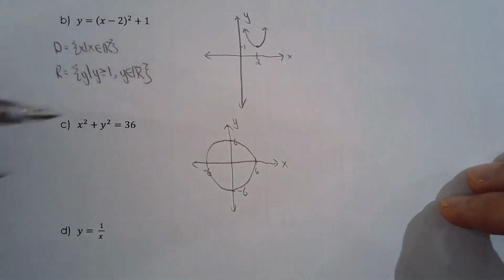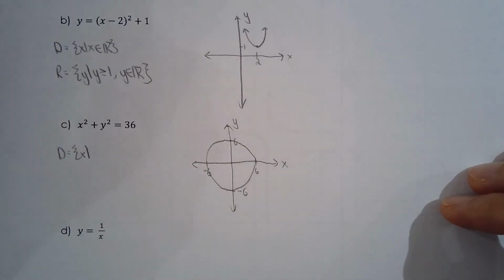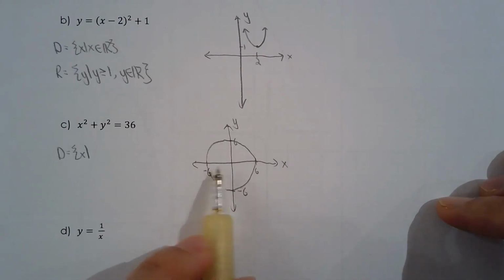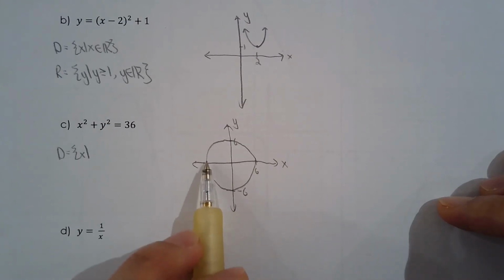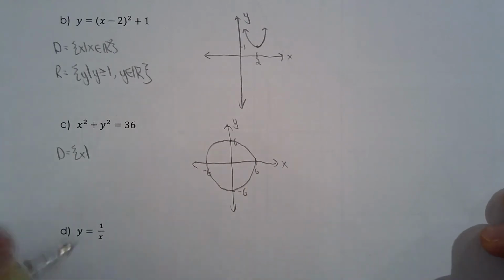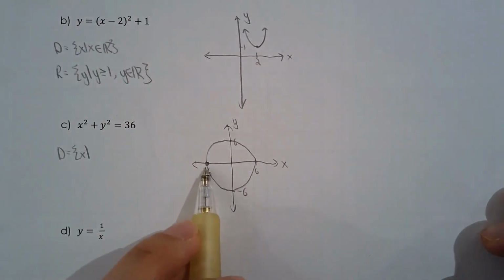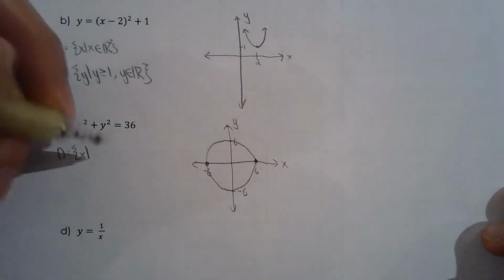Okay, it's a set of all x such that, so if you look at the circle, the values of x can be any number from -6 to 6. It's any value of x, or the possible values of x are any value from -6 to 6, of course, including those values, right? Because like the x-intercept here is -6, and the x-intercept here is 6, so we're talking about any value from -6 to 6.